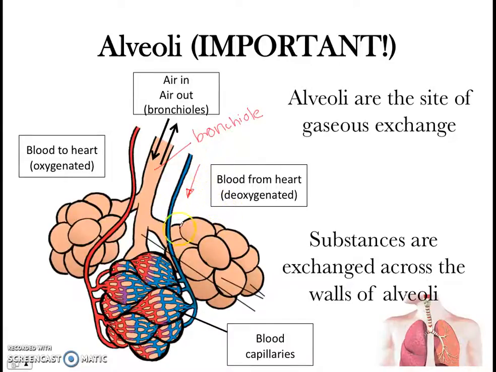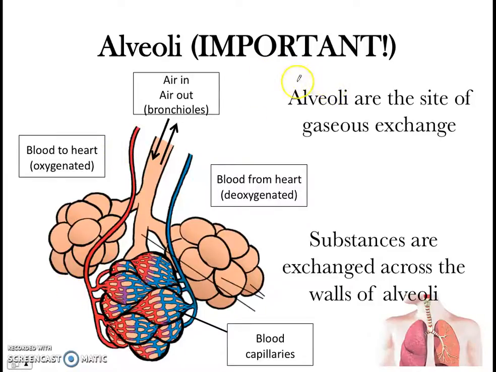So here is the blood vessel carrying deoxygenated blood from the heart, and you can see that it comes into close association with the alveoli, and it is at the alveoli that the blood from the heart, which is deoxygenated, picks up oxygen. It picks up oxygen, and then it becomes oxygenated, and then the blood can return to the heart oxygenated.